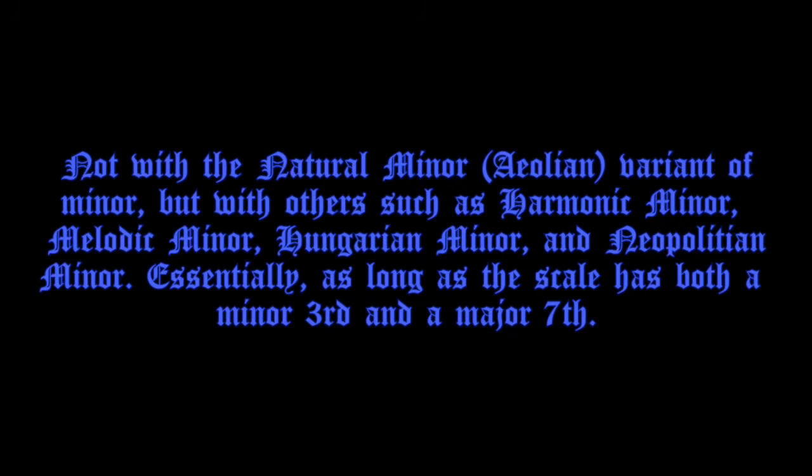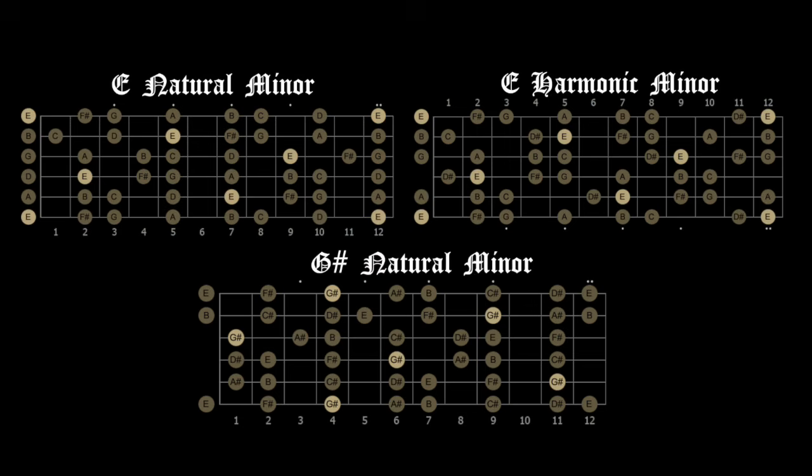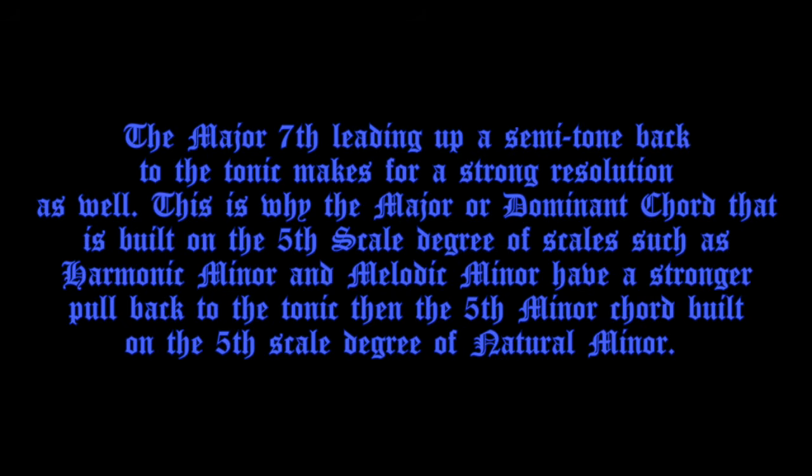So what's significant about the note D sharp in this context is that not only is it the 5th scale degree or the dominant of the key of G sharp minor, but it's also the leading tone of the key of E minor, which means if you were to take the note D, which is the 7th scale degree in the key of E minor, if you're playing natural minor, if you raise that up a semitone to get D sharp, like it would be in E harmonic minor, then we got a very nice transition back to the tonic of E minor, which is obviously E.